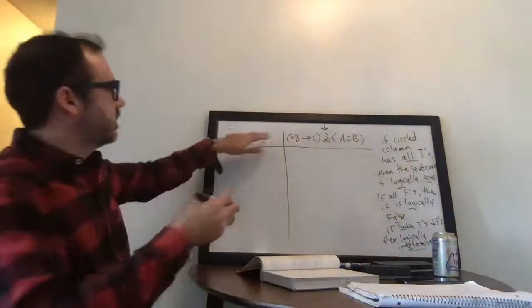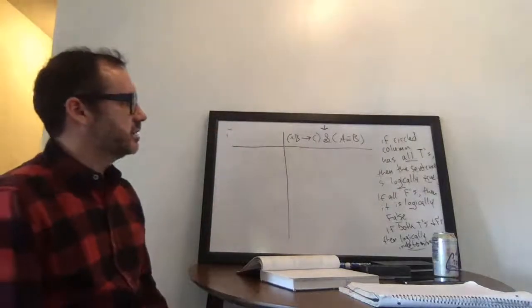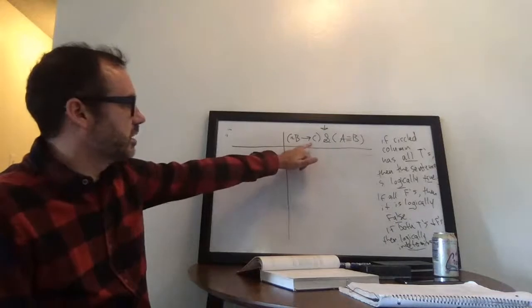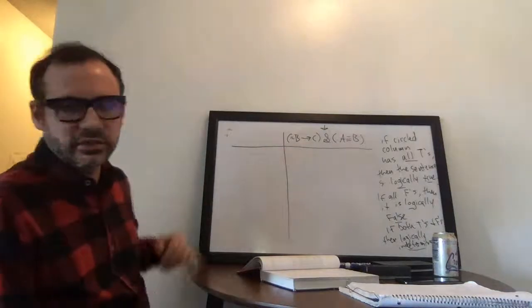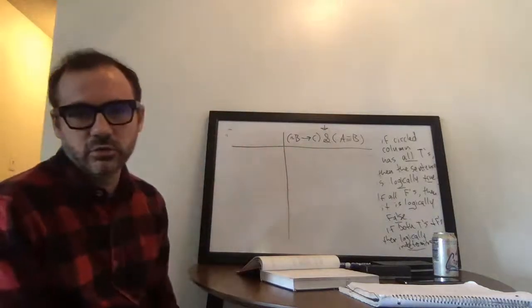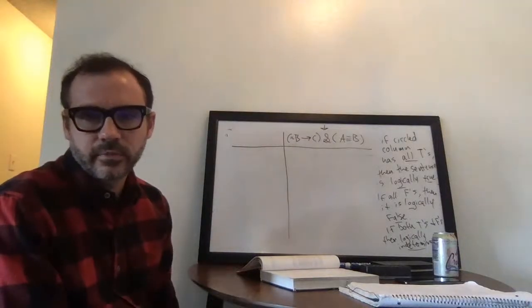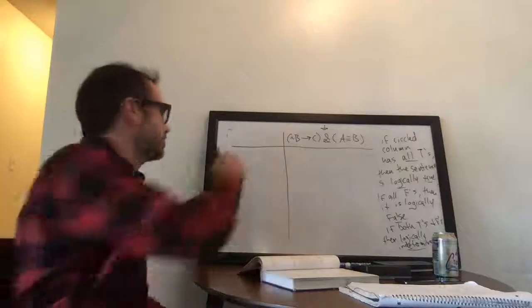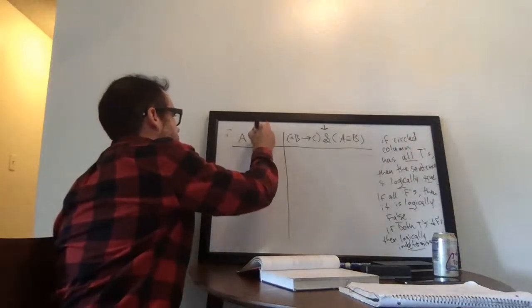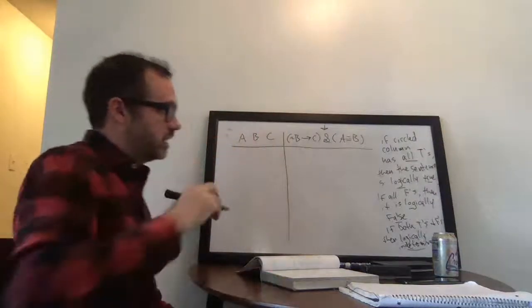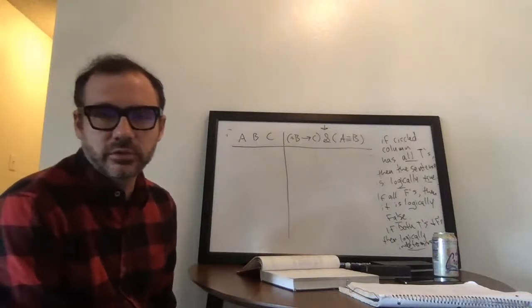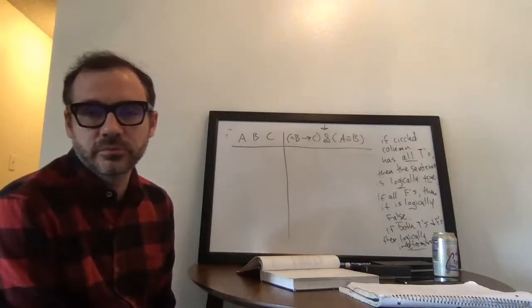Okay, now over here to the top left, yet again, I have to list each sentence letter in alphabetic order, using this formula as my material. So what is to be written in the top left, in order from left to right? It's pretty simple. It's just A, B, C. That's right. Okay, and so let's quickly say, how many rows will this formula need in its truth table?